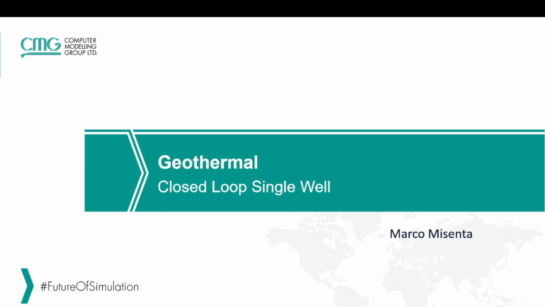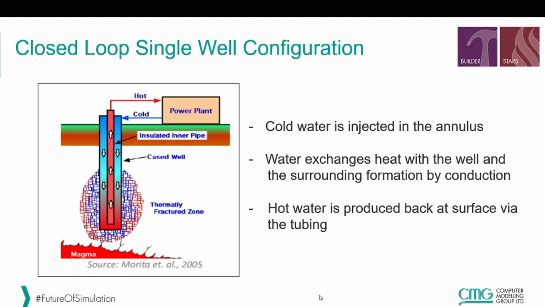Today's video is about geothermal modeling, and specifically it will be about closed-loop single-well geothermal modeling. Here is a sketch of the process. We have a vertical well which is completed in a hot formation.